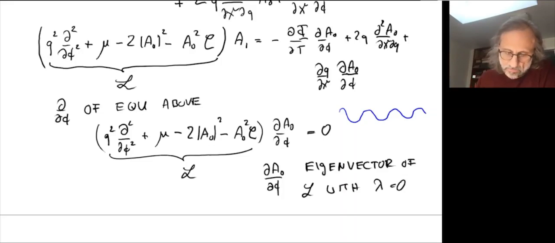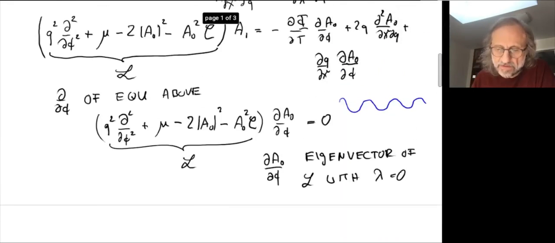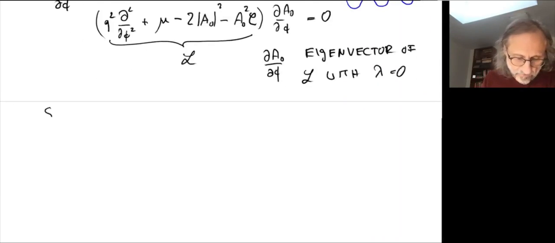So usually we have a complex function. The other thing we note is that A naught is periodic, right? So we're looking at periodic functions A naught. So we're actually living on the space of periodic functions. And so we would usually put a scalar product down like the following.